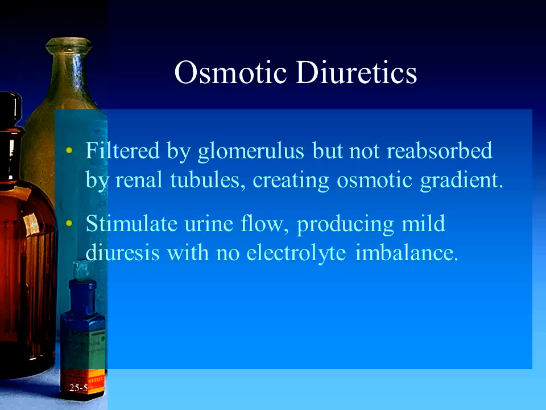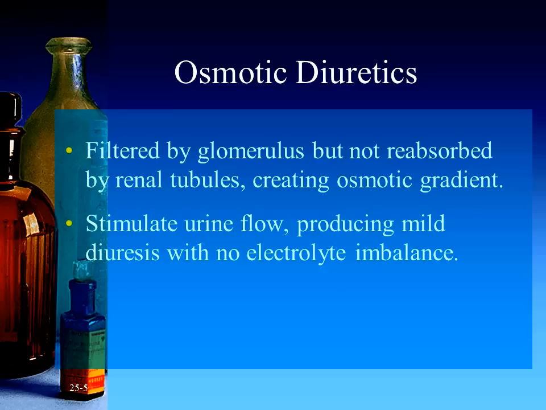This particular class of diuretics produces what we call a mild diuresis. So it's not a drastic one. It's just enough to pull some fluid off, and it won't mess up the electrolyte or the acid-base balance because it's not dealing with any of the transport of those ions that's happening in the tubules.